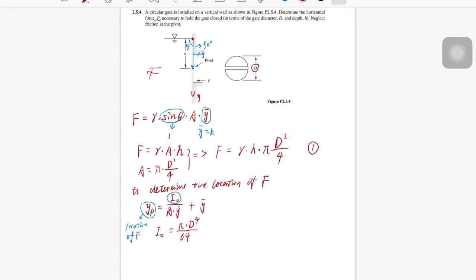From the previous step, we also know y bar equals h. So we can get that yp equals D squared divided by 16h plus h. We write this as equation 2.